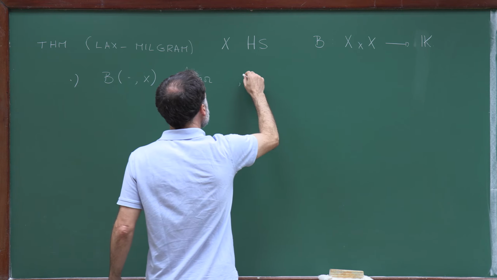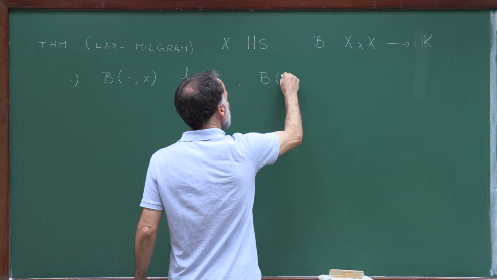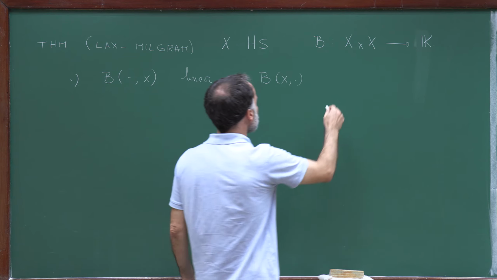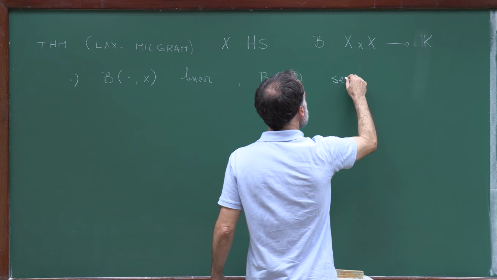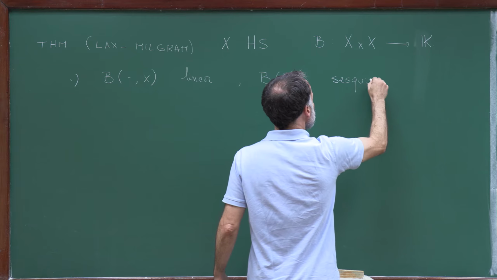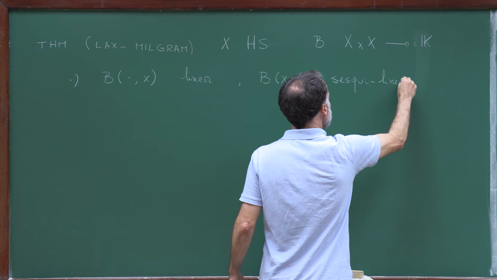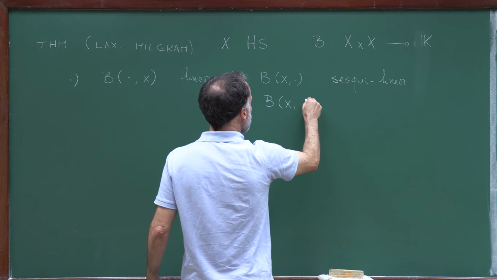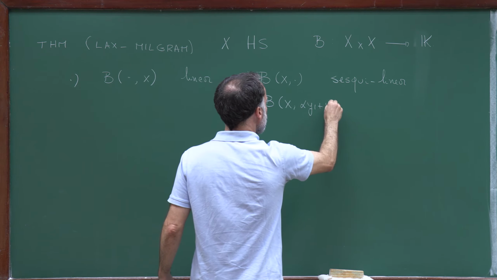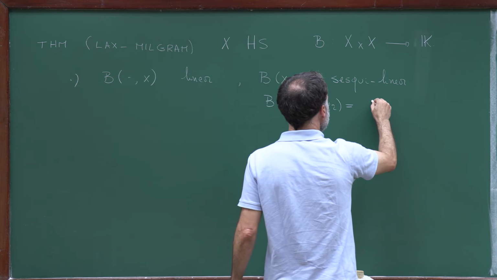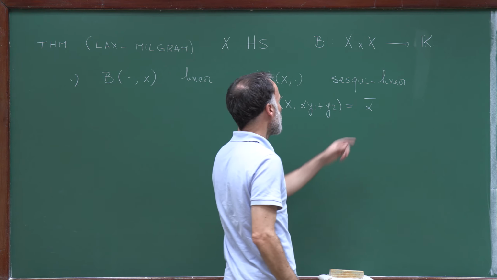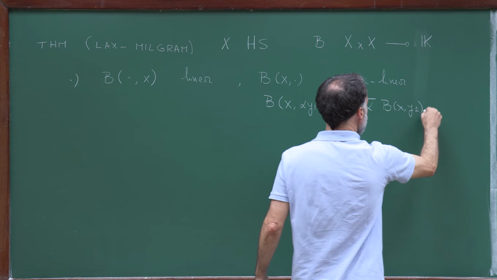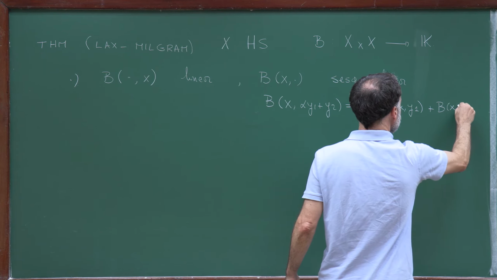And so if now we fix the first coordinate as a function of the second coordinate, this is sesquilinear. Which means, I recall, that B of x, alpha y1 plus y2, is equal to the complex conjugate of alpha times B of x y1 plus B of x y2.